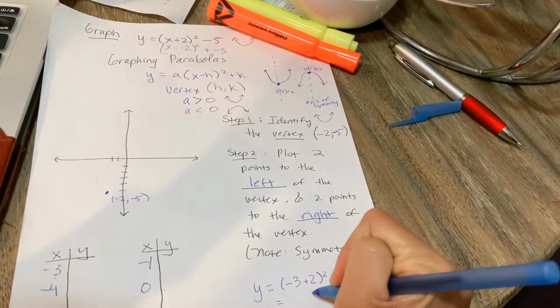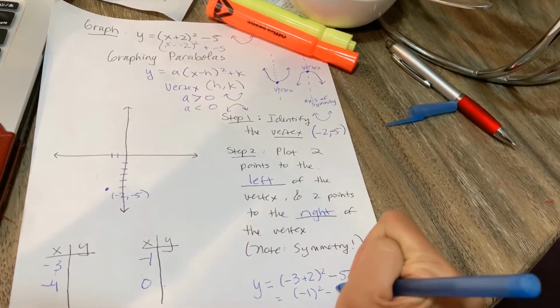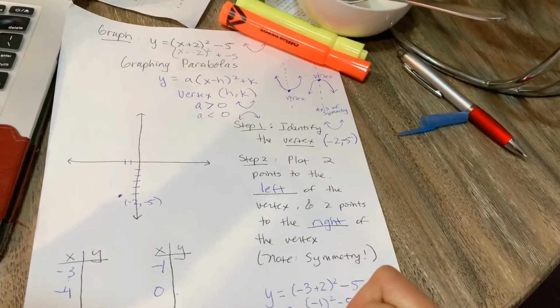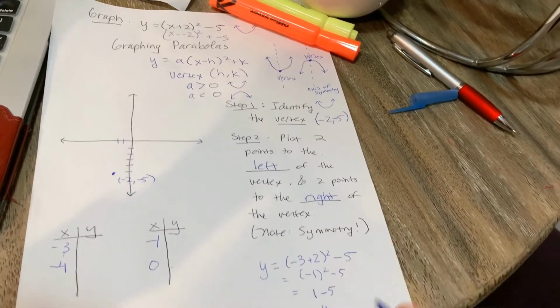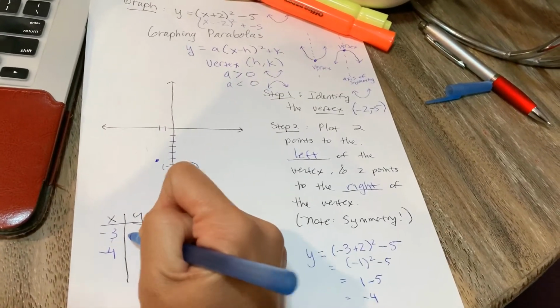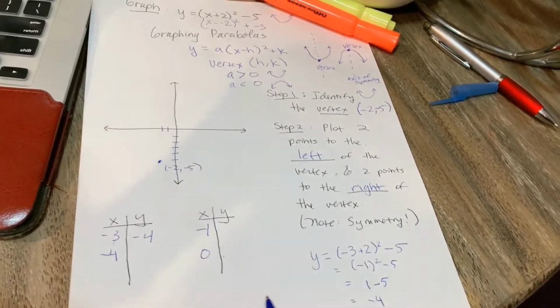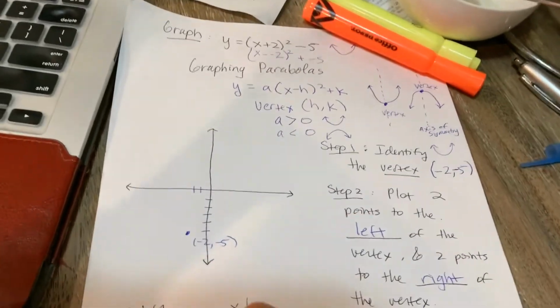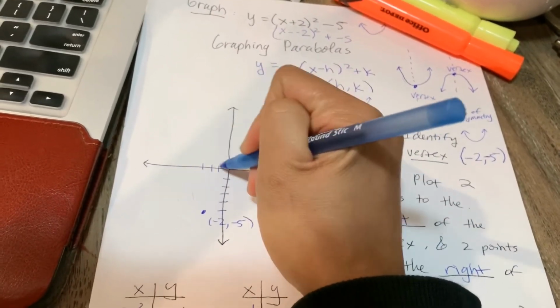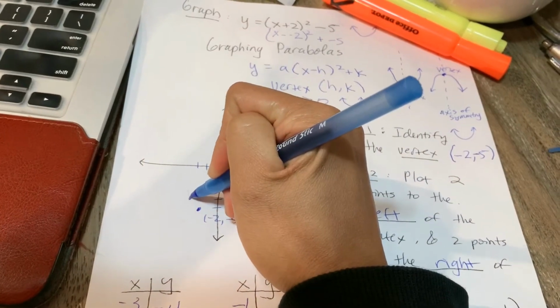I end up getting (-1) squared minus 5, which is 1 minus 5, which is equal to -4. So that's what happens when I plug -3 into the function. I get -4. So here's my point, (-3, -4). So if I plot that, I have (-3, -4).